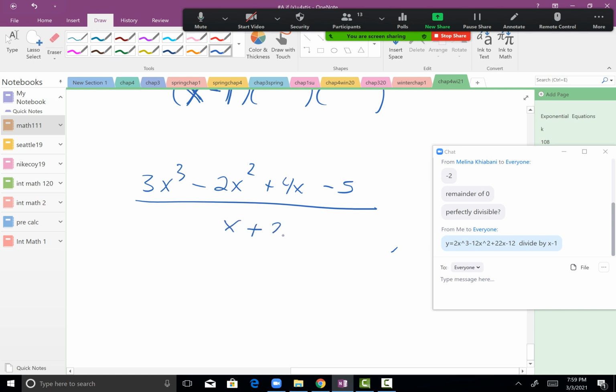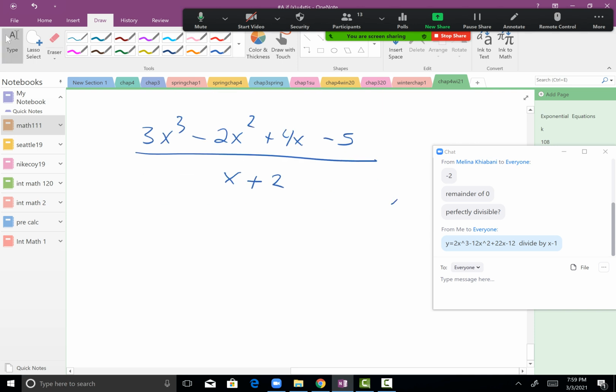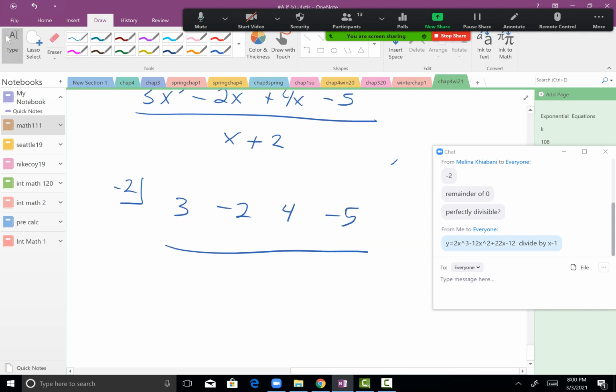Let's go with x plus 2. All right, guys, here we go. Synthetic division. I'm going to set it up for you, and I want you to do the synthetic division and tell me what the remainder is. So go. We'll see who gets the remainder first here.